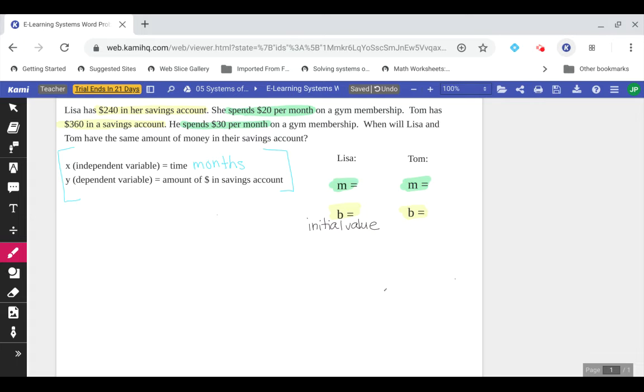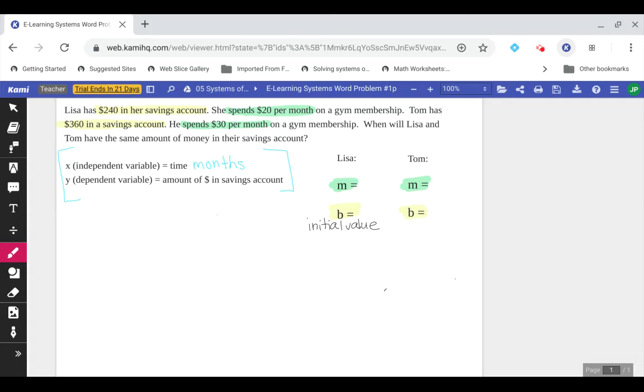We also want to look for the rate of change, which is the unit rate or the slope. And we also want to look for the initial value, which is the y-intercept, or the b in the equation.